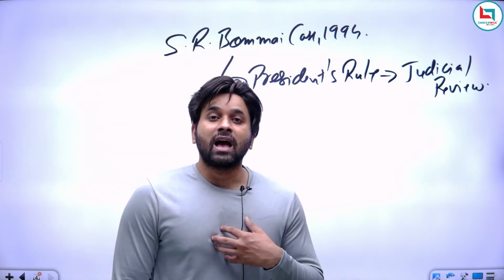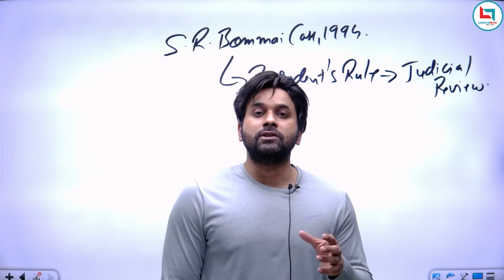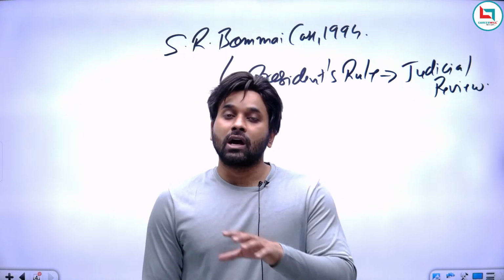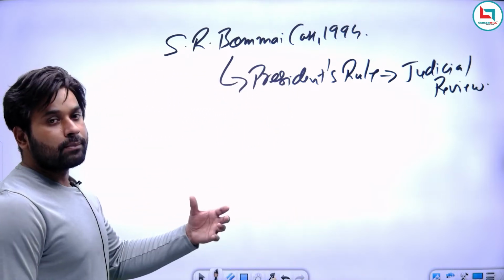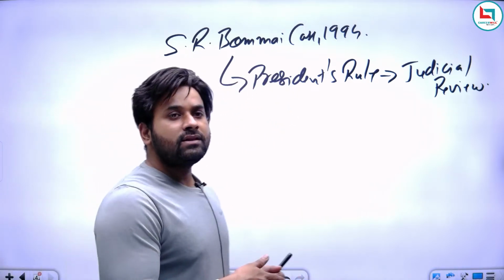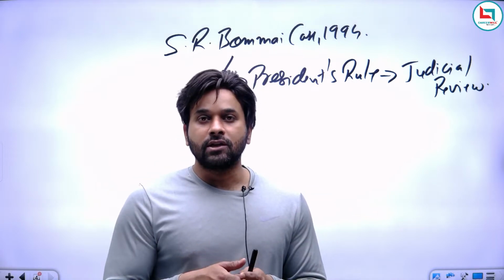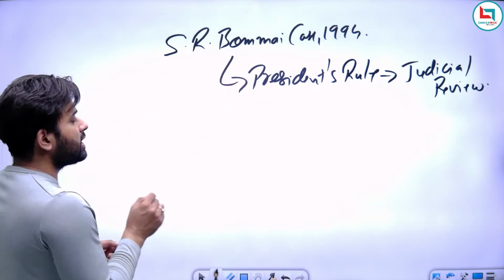It means we have the authority to examine whether the decision to impose president's rule was as per the provisions of the constitution or was unconstitutional. The judiciary, meaning both the Supreme Court and High Courts, has the power to examine whether the president's rule is constitutional or unconstitutional. So this was the most important point in the SR Bommai case.